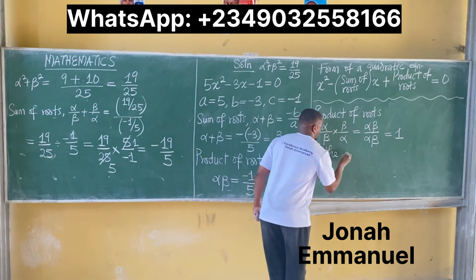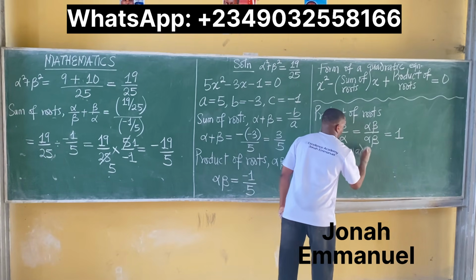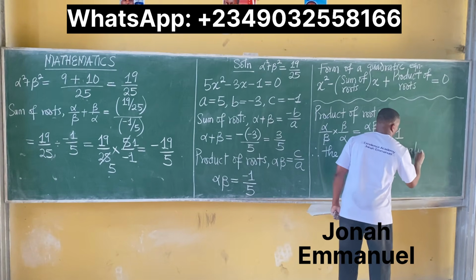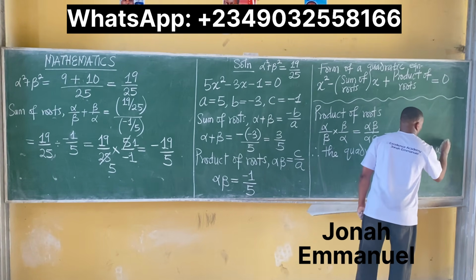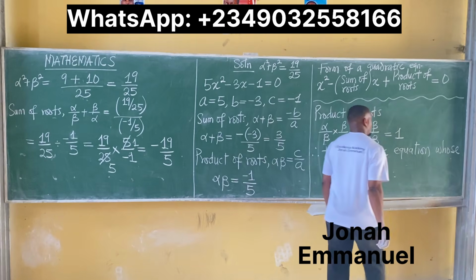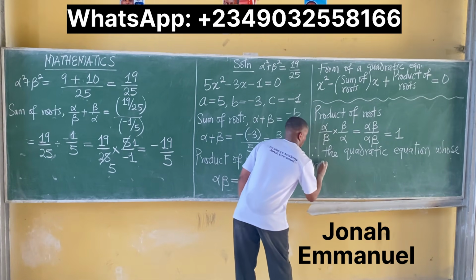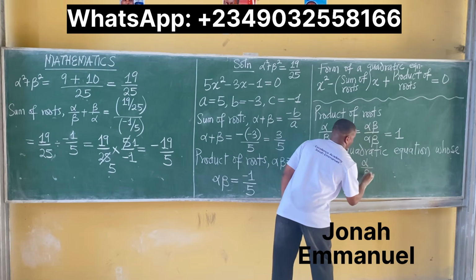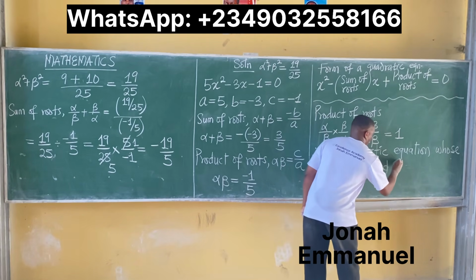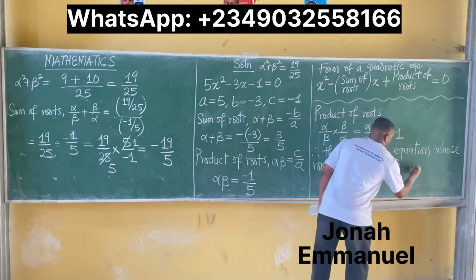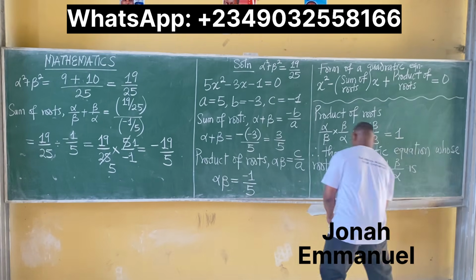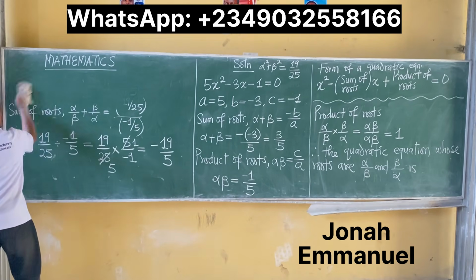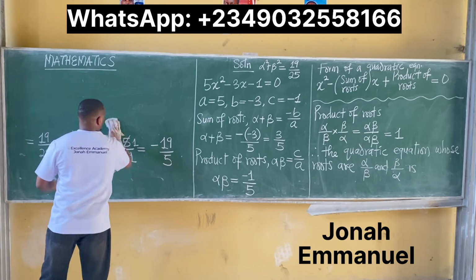So therefore, the quadratic equation whose roots are alpha over beta and beta over alpha is, what there?